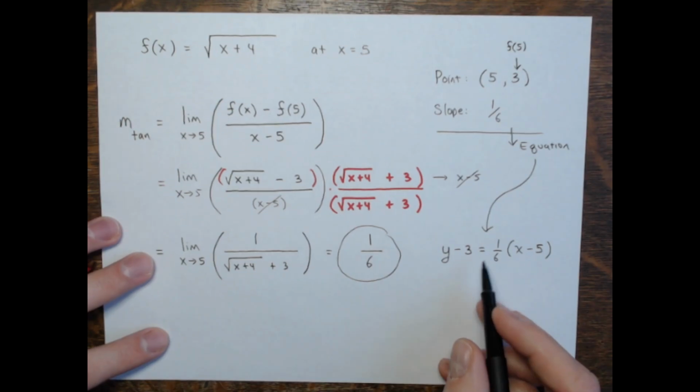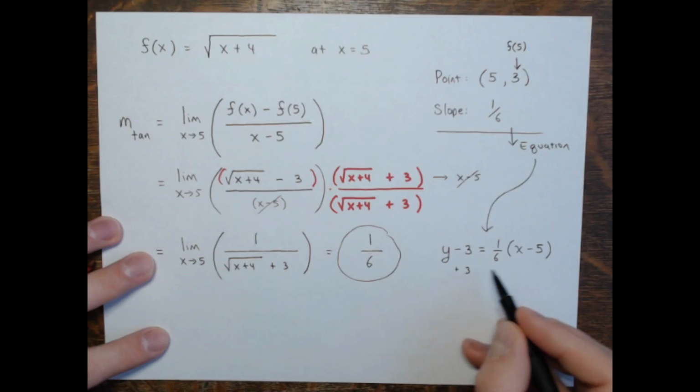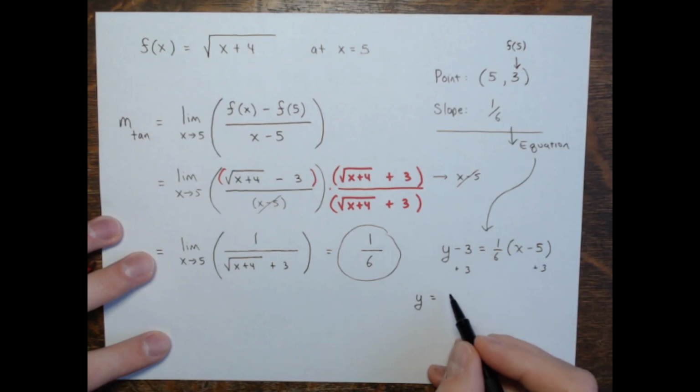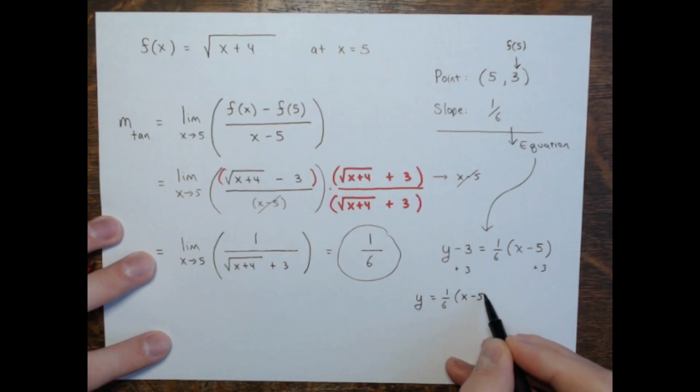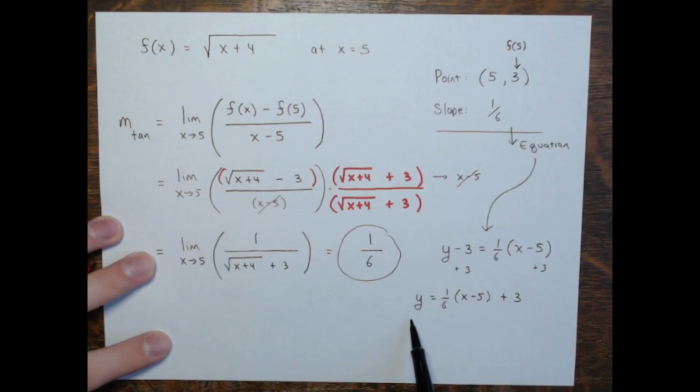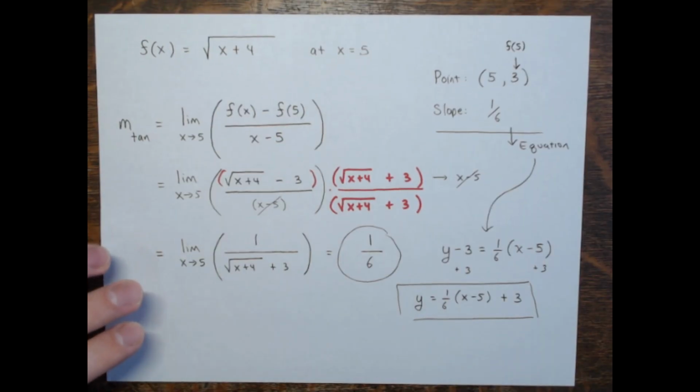Now, I'm going to check something. They have y equals, so I'm just going to add the 3 over here. So we have y equals, and I'll keep it the way it was. You have 1/6 times the quantity x minus 5, and then plus 3, I added 3 after. Now, it's not in slope-intercept form, right?